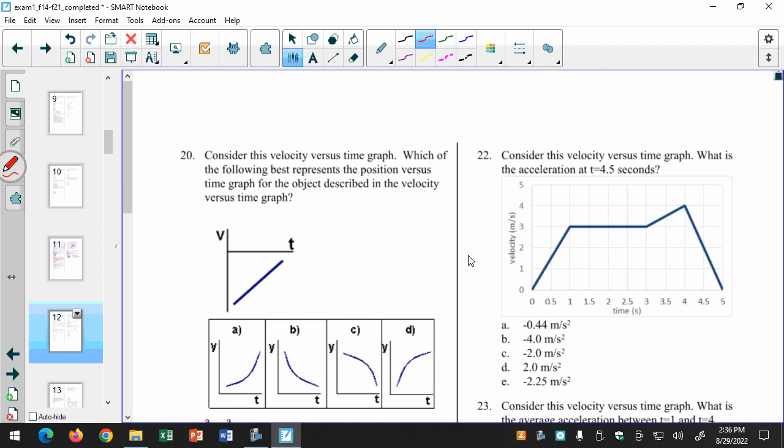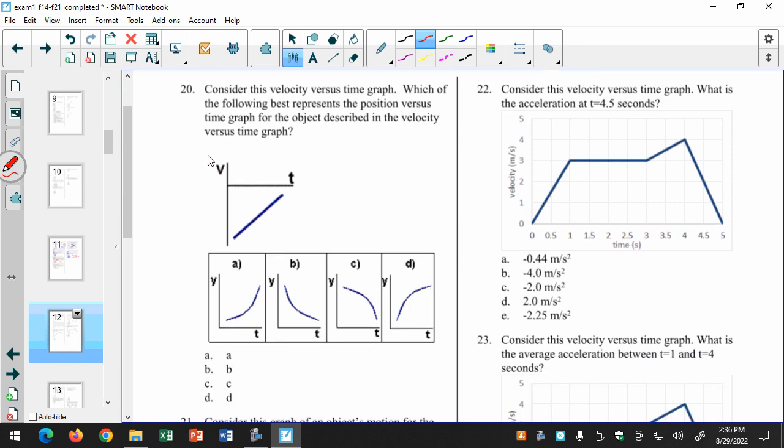Other particular questions? You do the, how does the y versus t look for this? Big negative slope to start, small negative slope to end. Which one is that? B, right. So B starts out with a big negative slope, small negative slope.